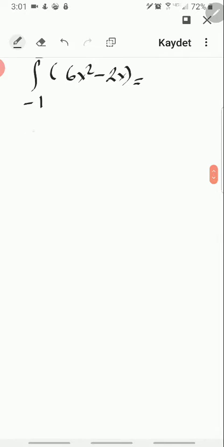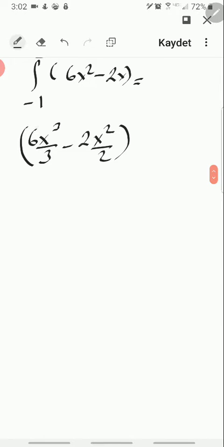We are going to integrate separately: 6x cubed over 3 minus 2x squared over 2. We write it in parentheses. Before starting the definite integral, it is better to simplify here.